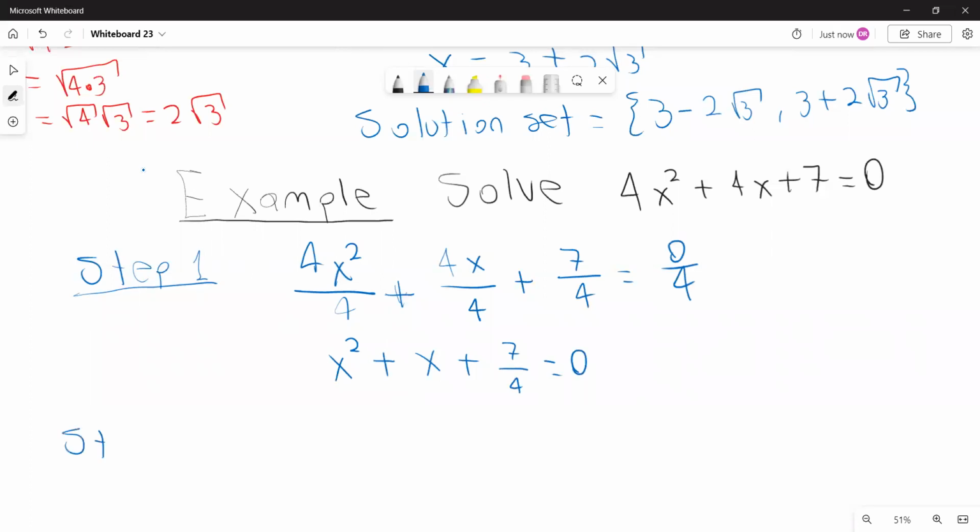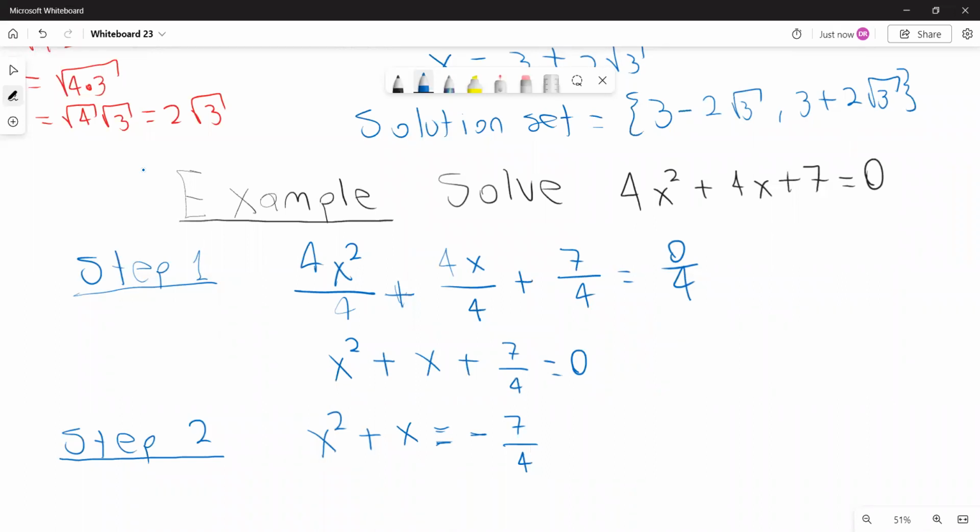Step 2, we are going to write the terms with x on one side and the constant on the other side. And the idea is to be able to use the square root property. So we can do that by adding the square of half the coefficient of x to both sides.